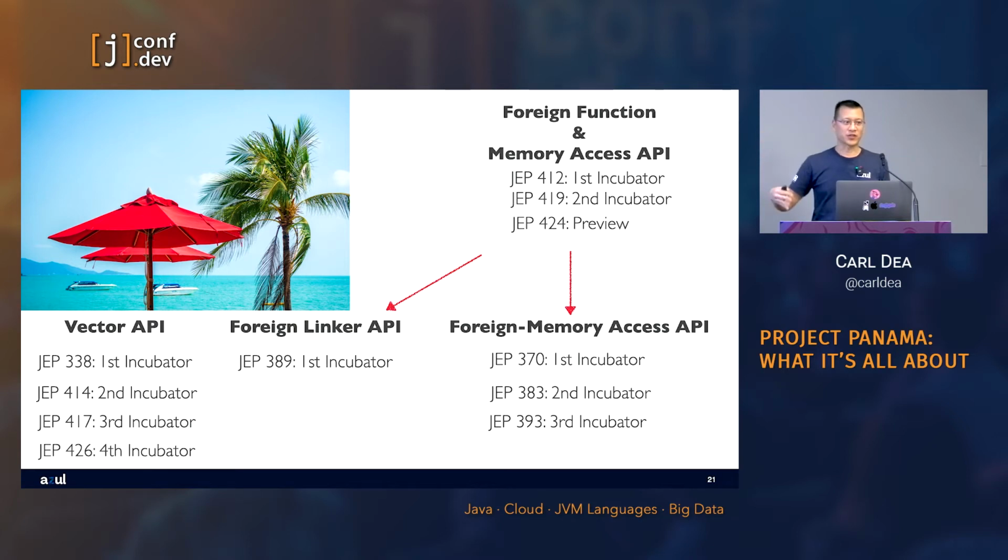Vectors is about vector chips or SIMD hardware, where you can do computations very efficiently, where your bytes are laid out, and it can do them simultaneously. It's actual hardware on the newer computers. So you can do a lot of floating point math very, very efficiently. And just being able to access that through Java is a no-brainer.